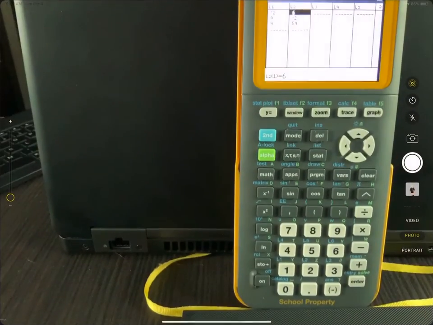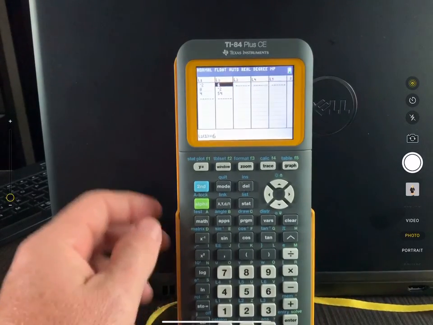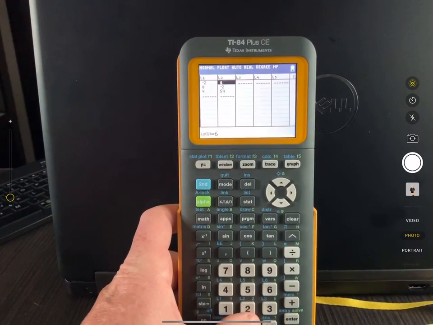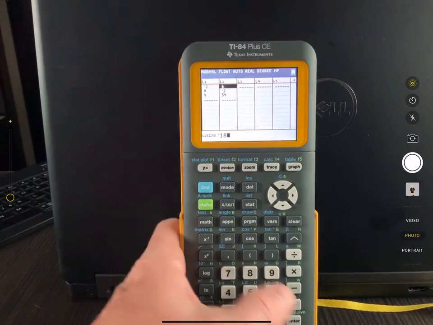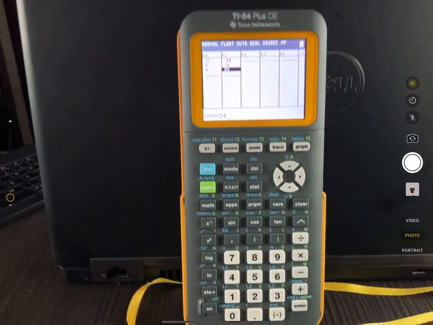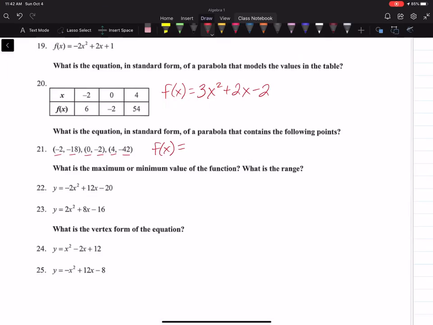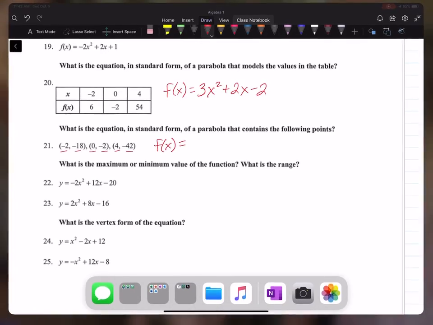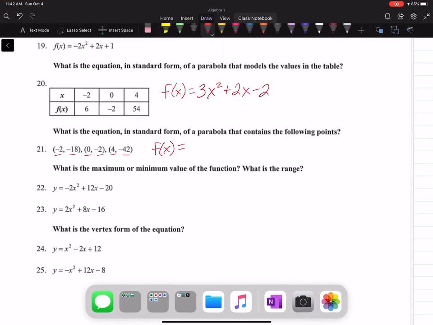So let me show you how I'm changing it. Here's my calculator again. L2 should be -18, -2, -42. I forgot the second one too. How about that?